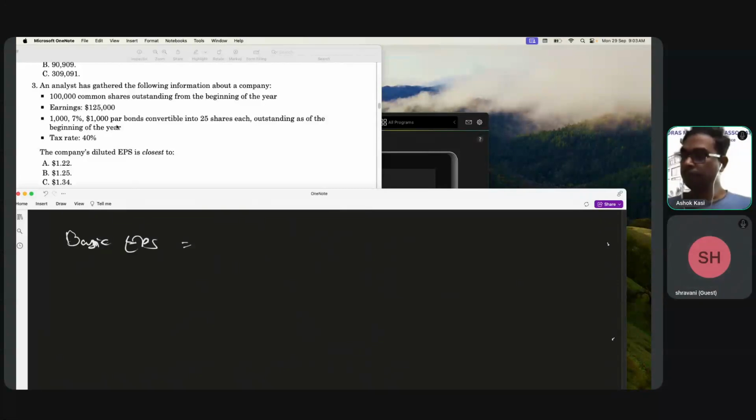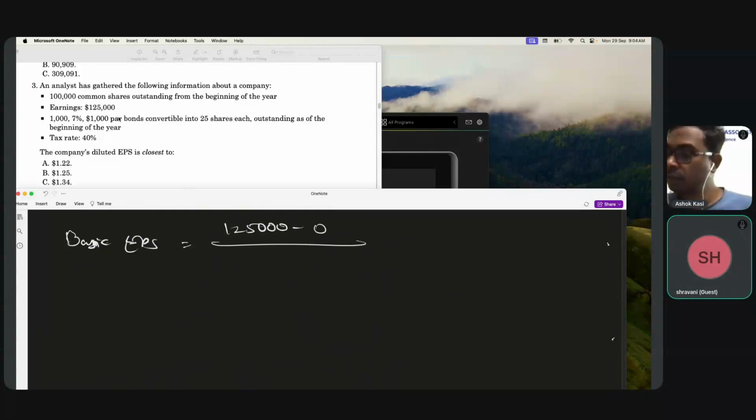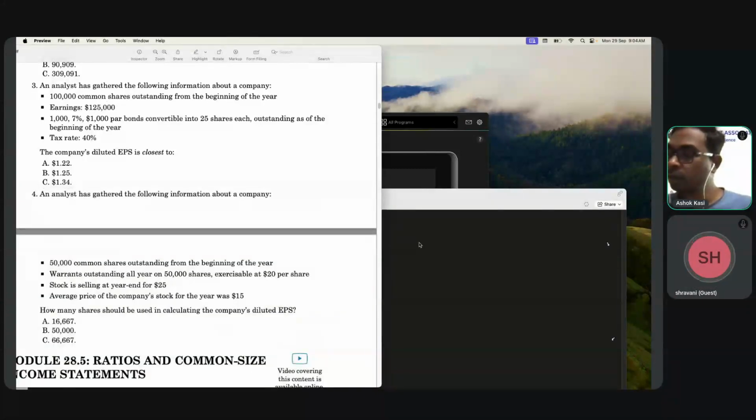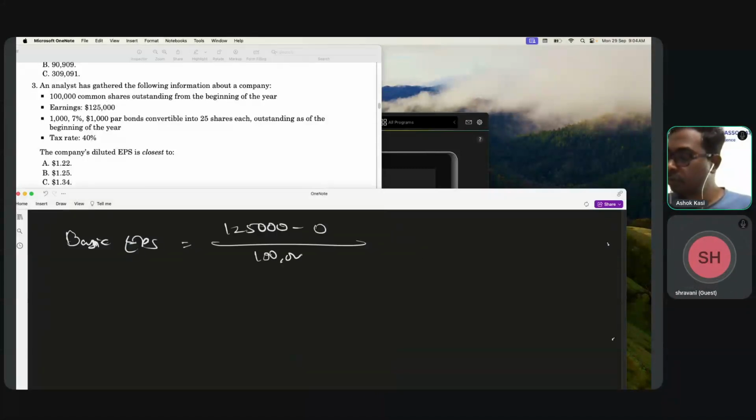Net income is 125,000, minus preferred stock, nothing, divided by the number of shares, 100,000 only. So it will be 1.25.